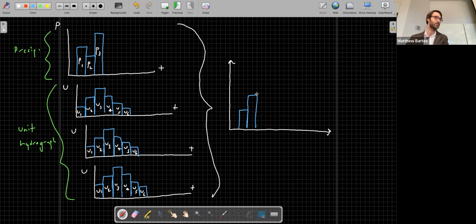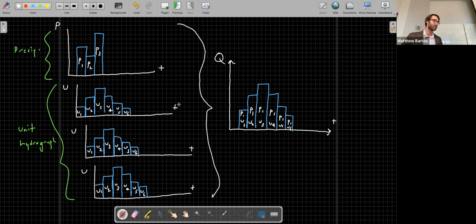So each one of these bars is still our unit hydrograph from before. 1, 2, 3, 4, 5, 6. And each of these bars is P1 times U1, P1 times U2, P1 times U3, P1 times U4, P1 times U5, P1 times U6. Okay, so that's the component of our discharge corresponding to the first impulse of rainfall.